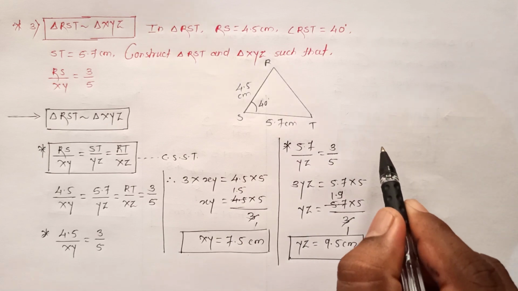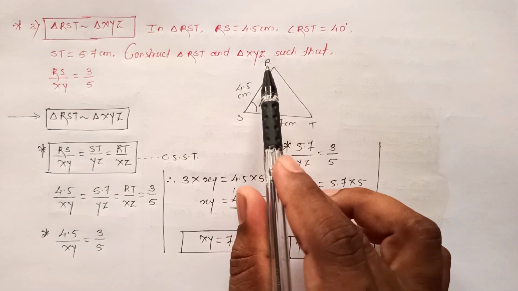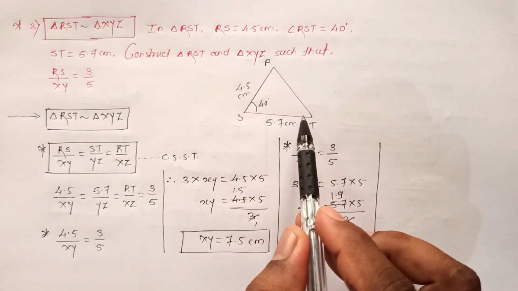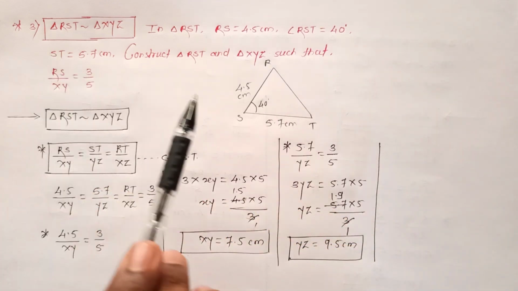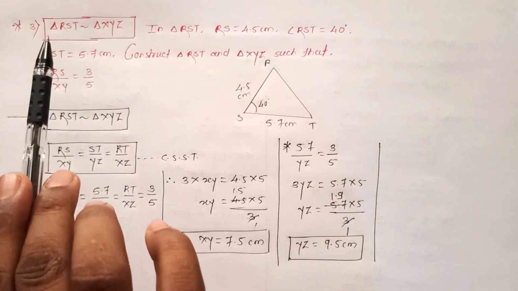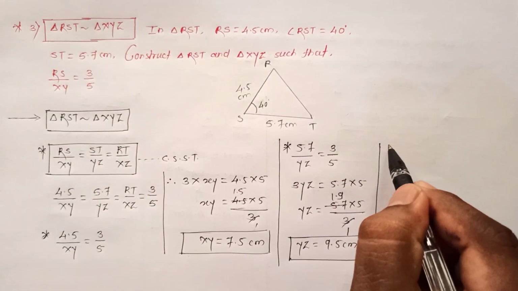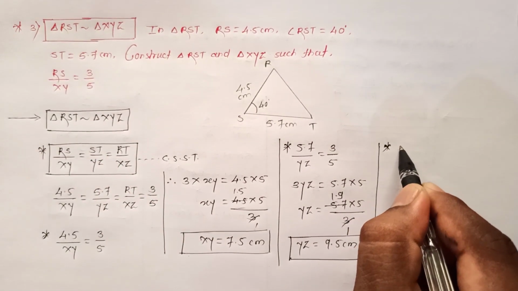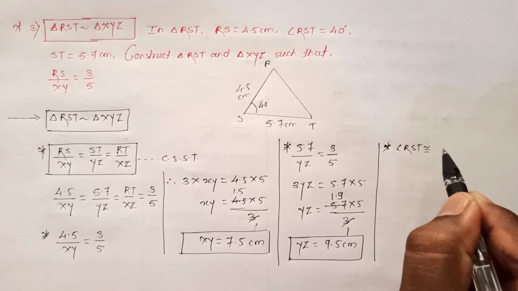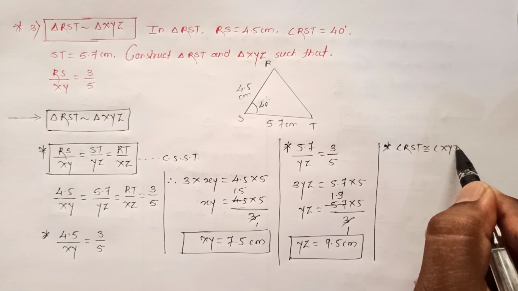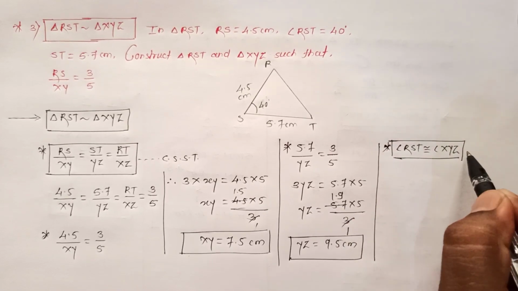Not only this much, but one of the angles is also given. Look at this, angle RST. If angle RST is given, which is the corresponding angle of this? Yes, the corresponding angle of S is Y. So we can write here angle RST congruent to angle XYZ. And why is this so?